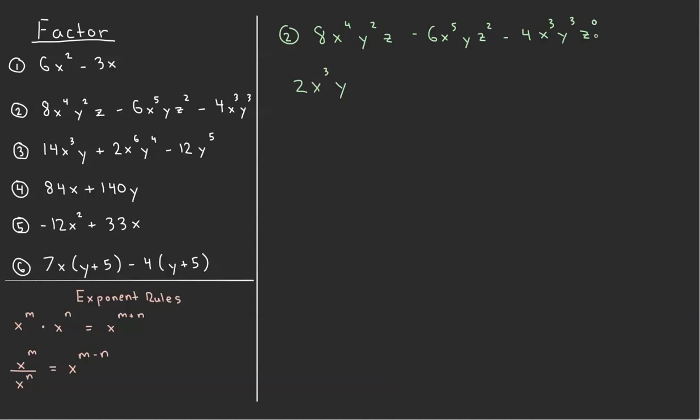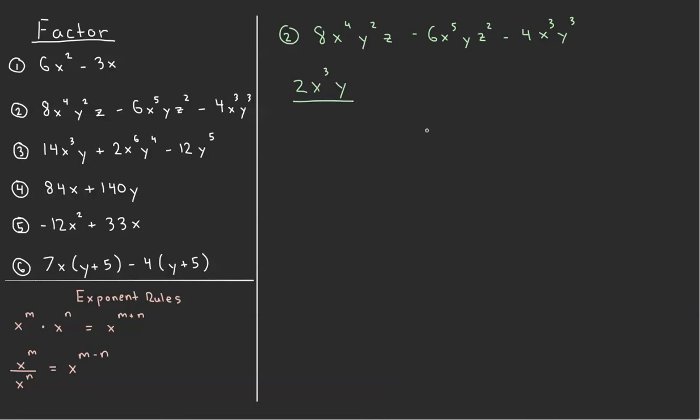So you could think about there being a z to the 0th power over here, and if you stick with the idea that you're going to take out the lowest powered variable, then we're going to be taking out a z to the 0, or a 1, or essentially no z's. I'm not going to write that in, but you could think about it like that. They don't share the z's, so we can't take out a z for the greatest common factor.